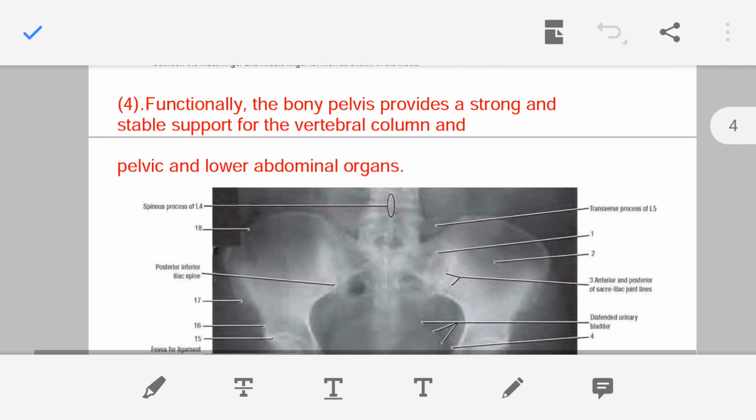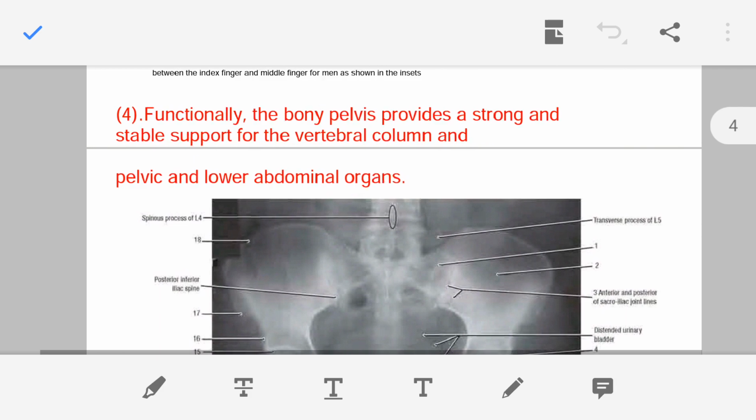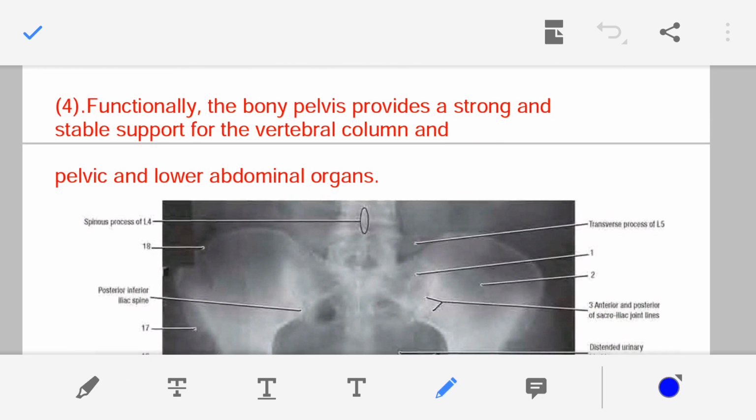Now what is this bony pelvis doing in our body? The bony pelvis provides strong and stable support to our vertebral column.